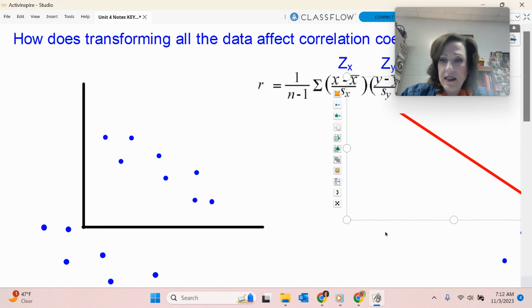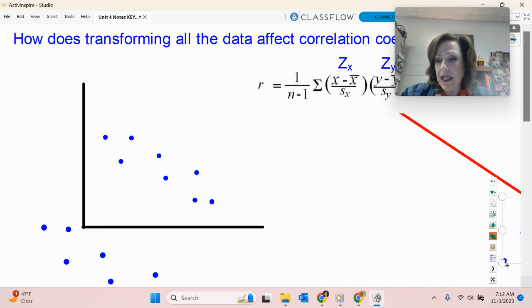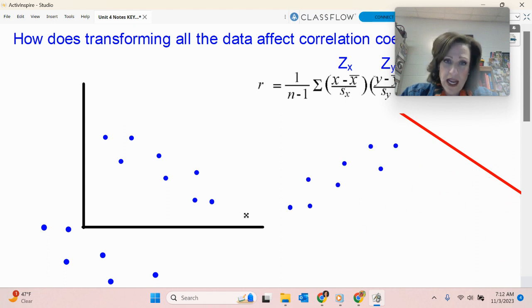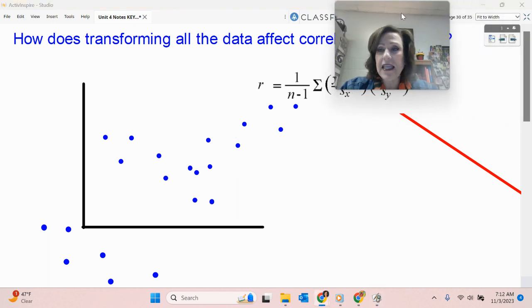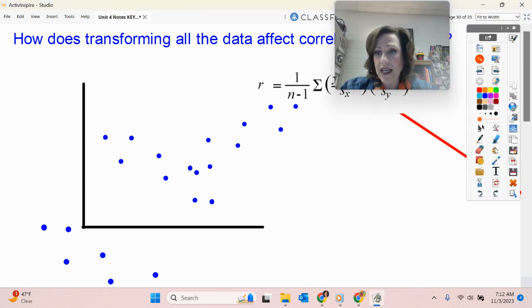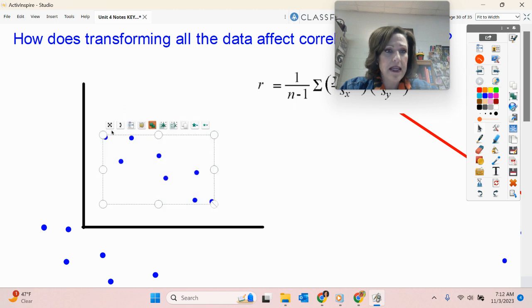Well, then that would give you this item here. This is what I had when I multiplied all the x values by the negative.